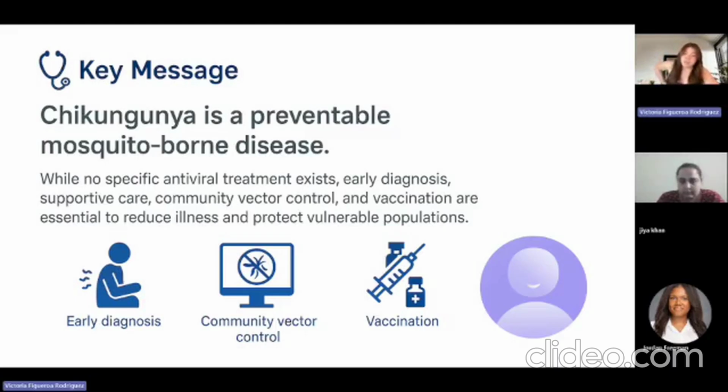If we follow community vector control, going around our houses and making sure during the rainy season that we don't have any containers that may collect water and let mosquitoes spread, it will help us lower the probability of getting infected. Early diagnosis, of course, is always a goal, and vaccination, being able to get a vaccine that is not that high cost, and that everyone can get access to.